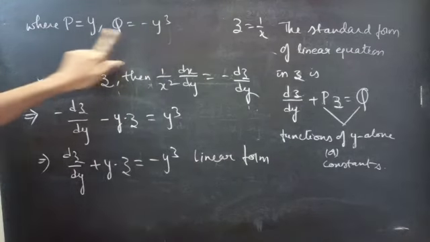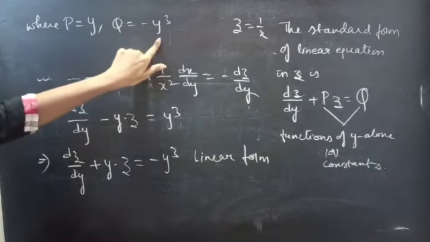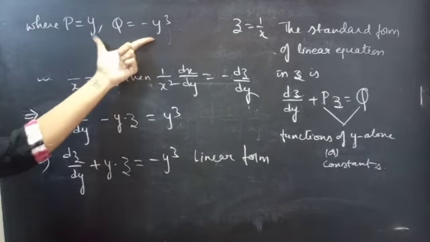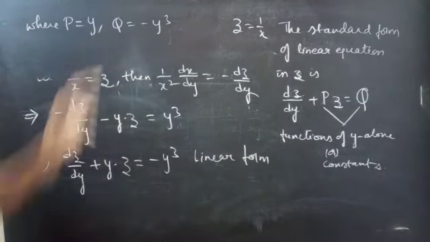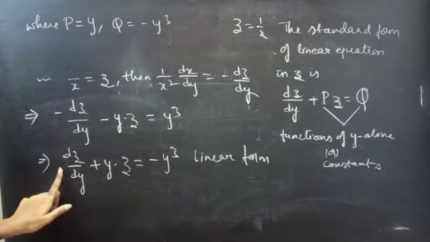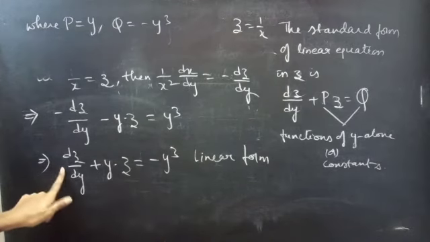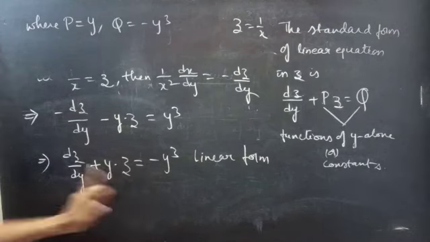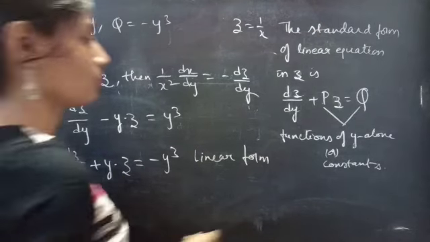Again, P and Q are functions of y alone because it does not involve any other variable other than y. So we call P and Q as functions of y alone. Now we'll find the general solution to the given equation by using the general solution of the linear in z equation.